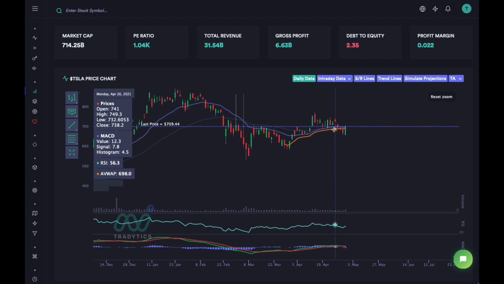What does this orange line tell us? This orange line tells us the average price that all the shareholders paid when we went from this red candle up to this green candle. So when the price is staying above this average price, that means there is enough bullish pressure and we have a nice bullish trend.